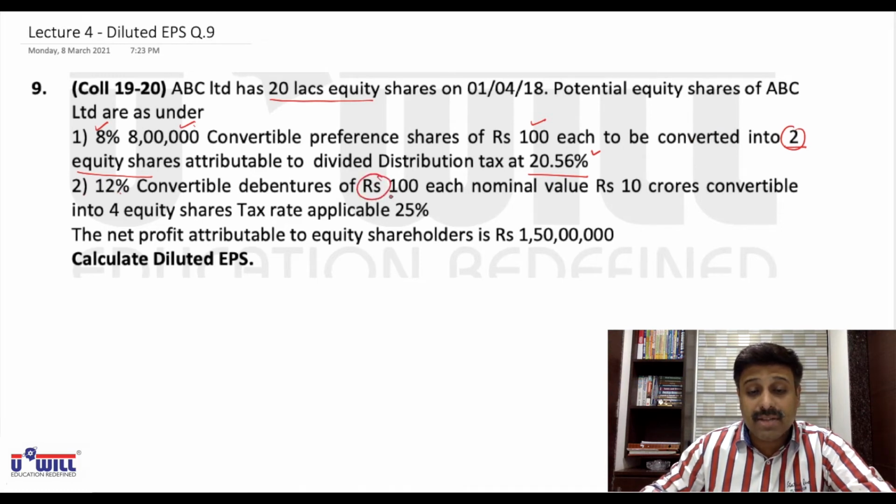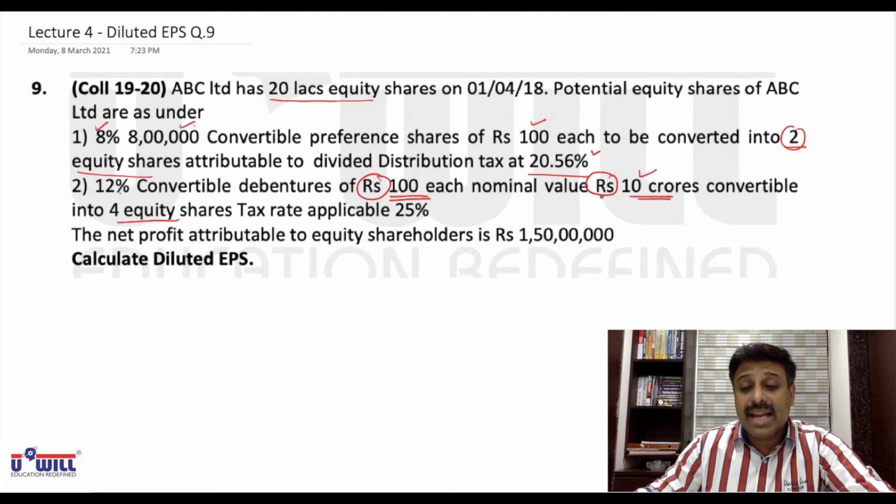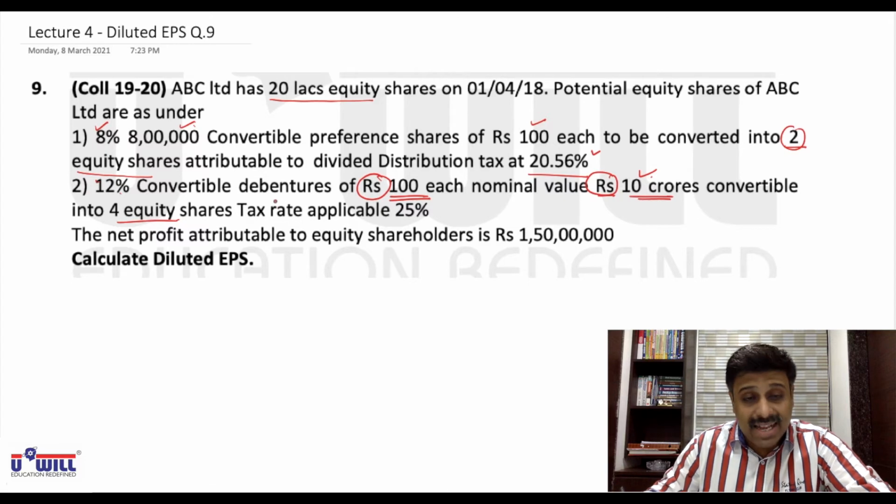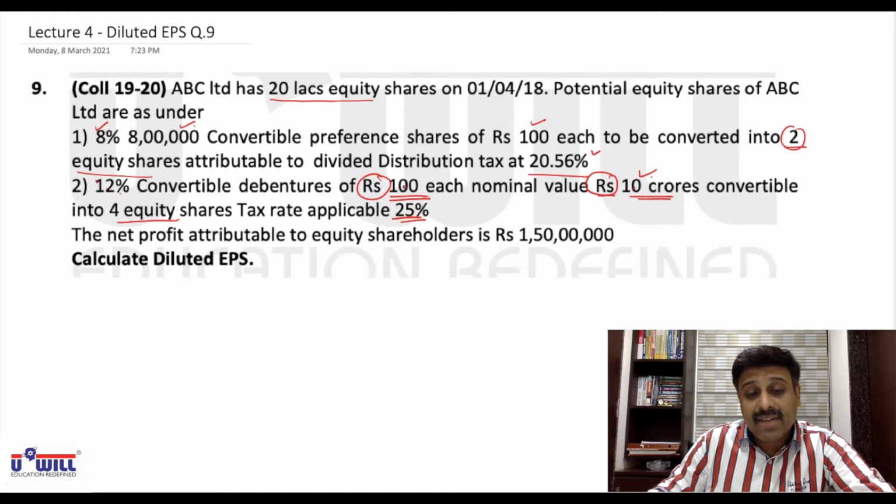Here rupees is given, rupees 100 each. Nominal value again rupees is given, rupees 10 crores convertible into 4 equity shares. So 10 crores is directly rupees, means 10 crores at 12%. Interest is 1 crore 20 lakhs. But in this case, on the 1 crore 20 lakhs, tax rate applicable 25%, we will minus to get incremental earnings. And 10 crores divided by 100, 10 lakh are the number of debentures.